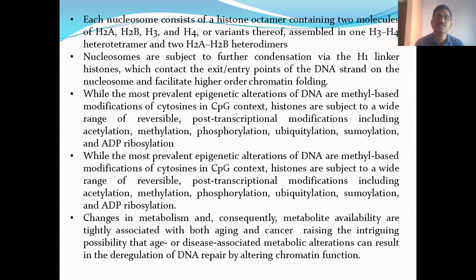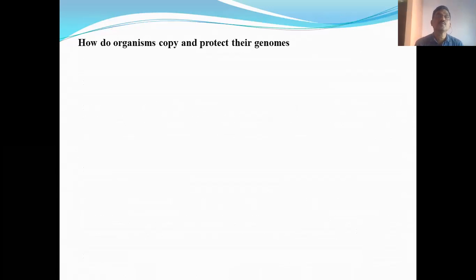The normal functioning of the chromatin is nothing but the repairing of this DNA, so whatever change is brought in the DNA will be repaired. But in this condition, the aging and cancer condition, whatever breakage or damage occurs in the DNA is not repaired by this chromatin, and that is due to the changing of the chromatin function.